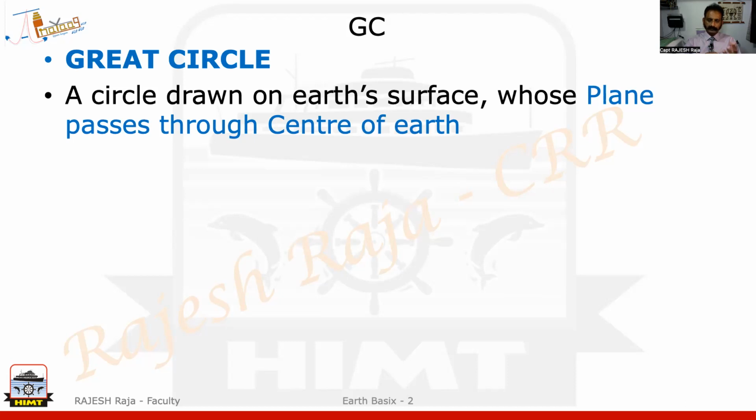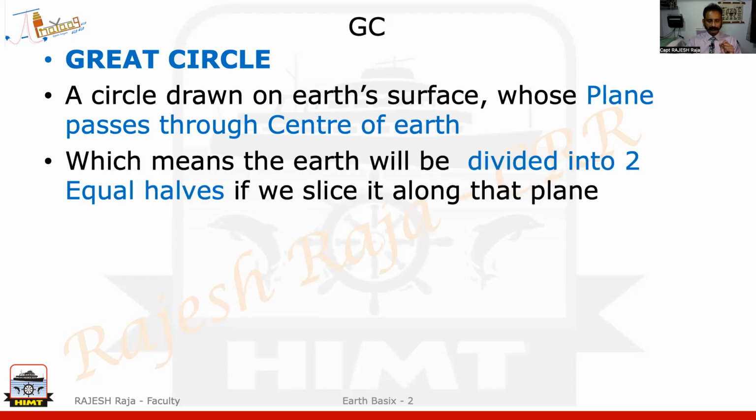I can take any sphere or orange or a ball, and I can draw a circle on its surface. But the catch is the plane of this circle, which I'm going to draw, has to pass through the center of the Earth. That is the criteria.